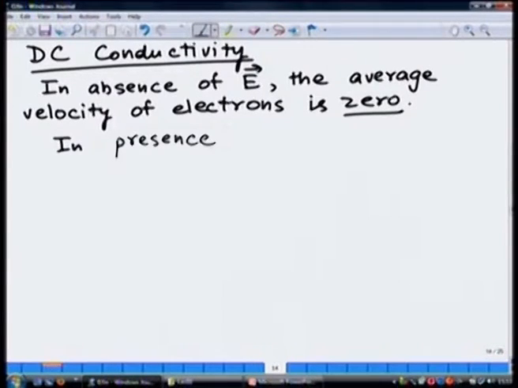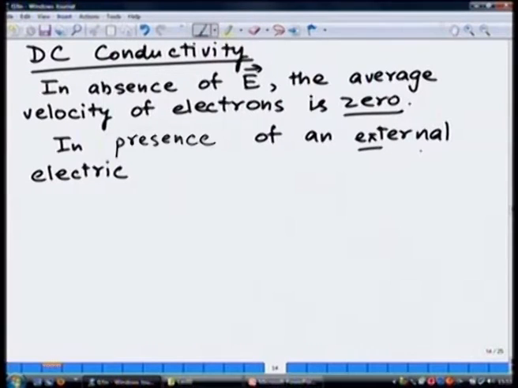In the presence of an external electric field, what happens? You see, between collisions this electric field E will start having an impact.